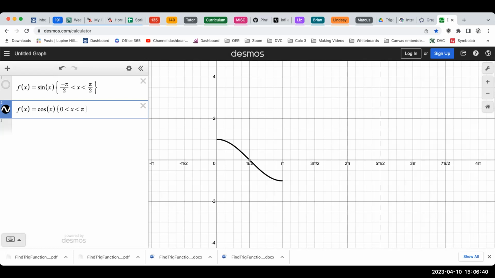So let's do one real quick. Let's say I wanted to find f inverse of negative 1/2. So cosine inverse of negative 1/2. Well, this is going to have to equal an angle, some angle so that cosine of that angle equals negative 1/2, right?